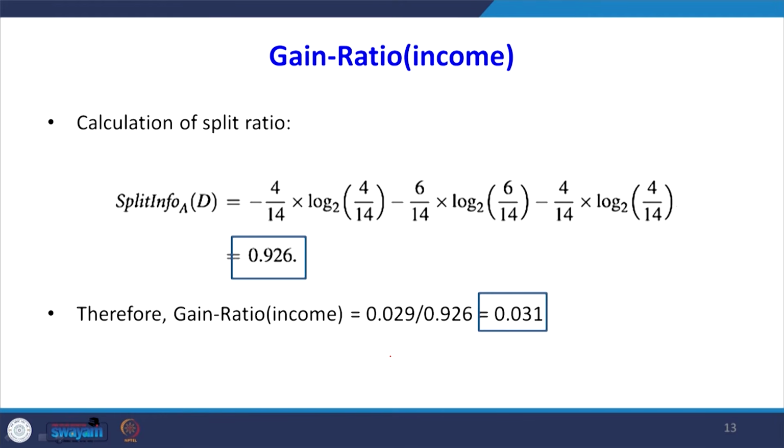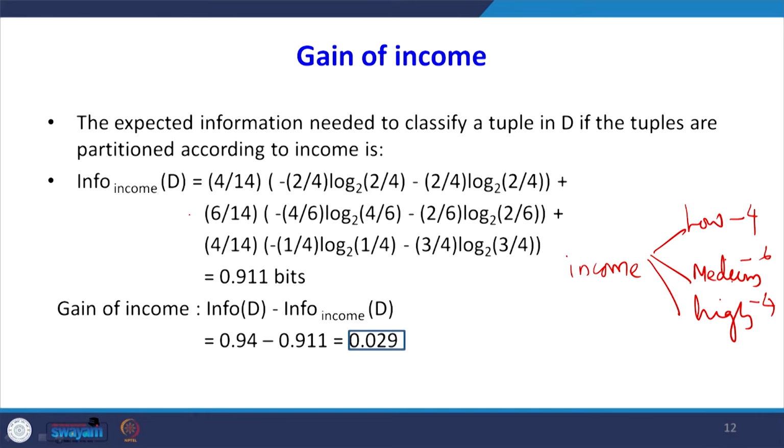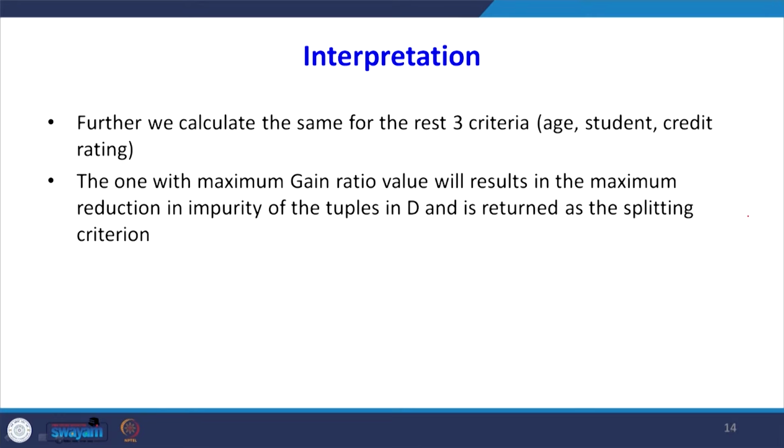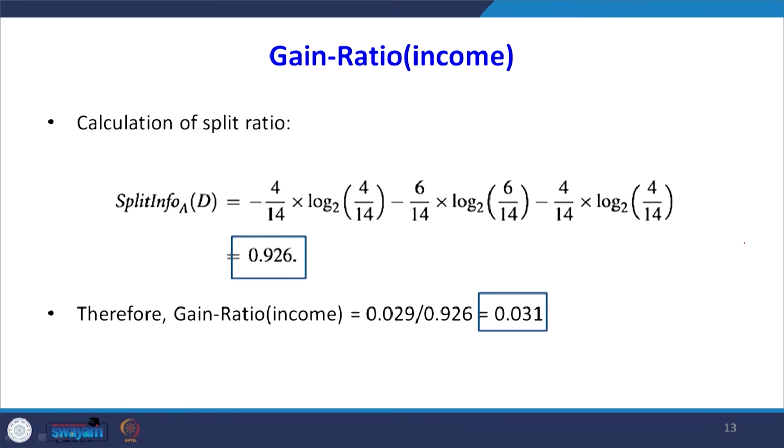Now, we will go for split ratio. So, the split info for the attribute is equal to minus 4 by 14 log 4 by 14 base 2, minus 6 by 14 log 6 by 14 to the base 2, minus 4 by 14 log 4 by 14 to the base 2.